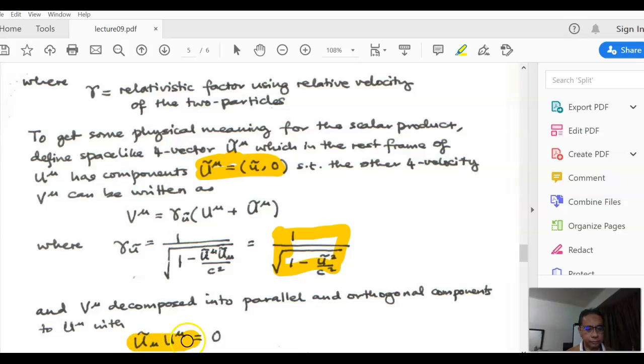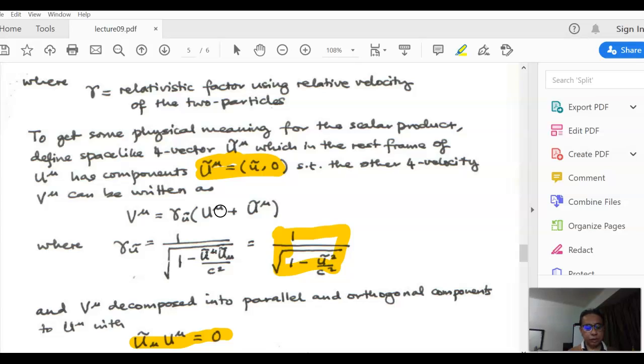So what are we doing here? Essentially, we are now breaking up this V mu into two parts. One part is orthogonal to U mu, and the other part is parallel to U mu.